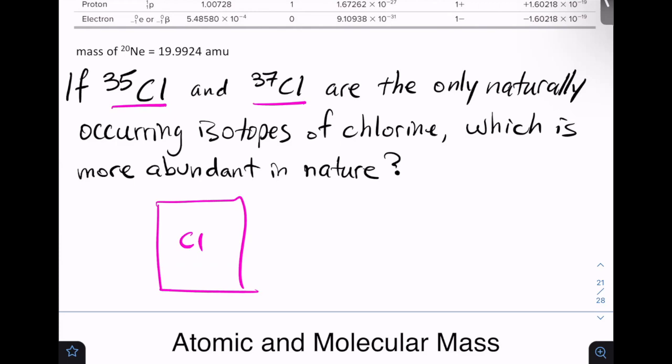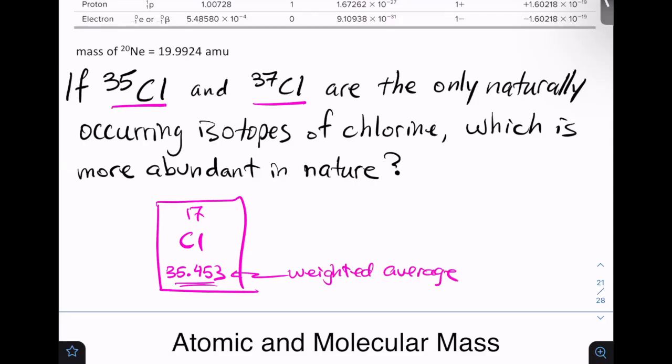All right. So if I take a look at the periodic table, here's chlorine. Here's number 17. That's the atomic number, 17 protons. And we look at the atomic mass down below. I see here it says 35.453. Okay. This is the weighted average. We just went through all that.